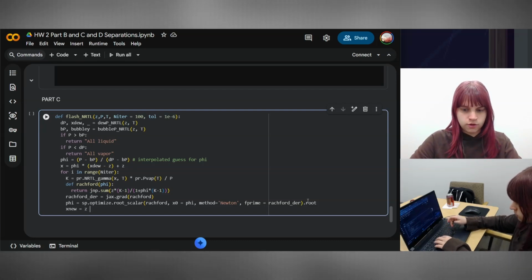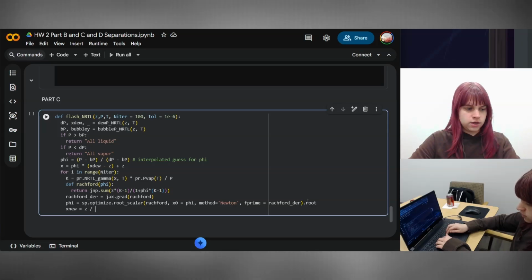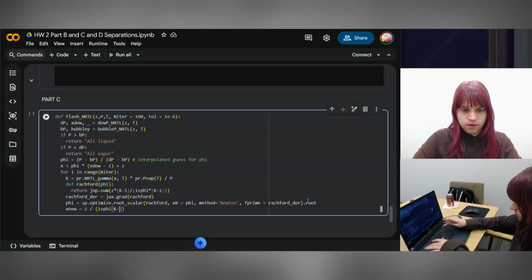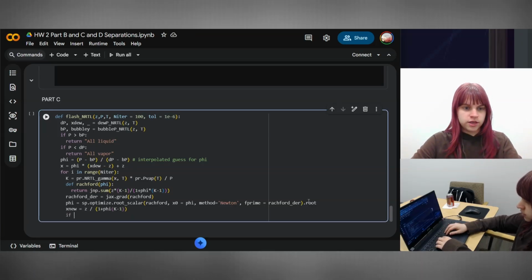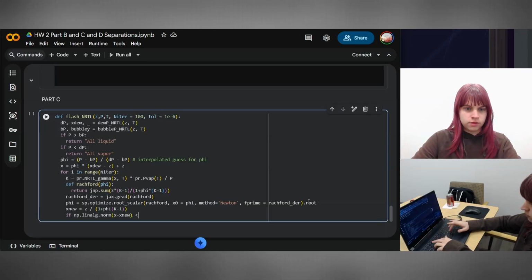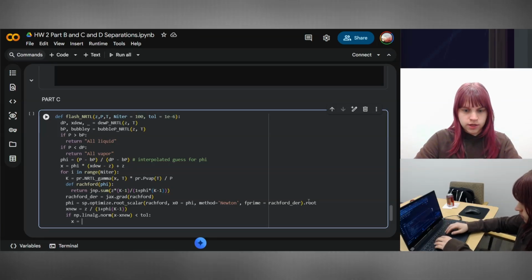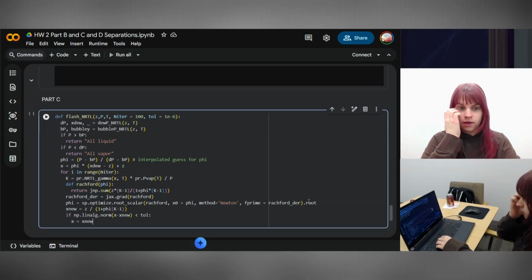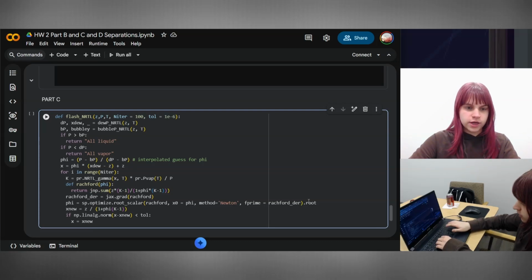composition. So we'll take the feed z composition, divide that by 1 plus phi times k minus 1. And then if we are below our tolerance, then x equals x new, so we're setting our new x value there.